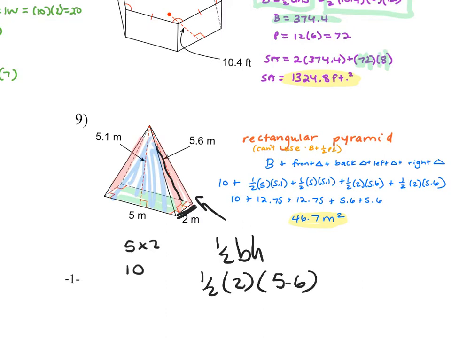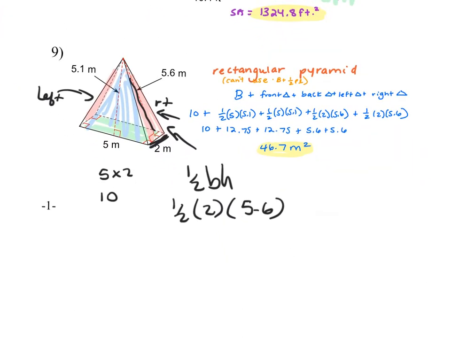So this would be this right side, but then over here, I also have a left triangle that's the same. So this is the base. I'm going to add it to the right, and I'm going to add it to the left, which is the same.